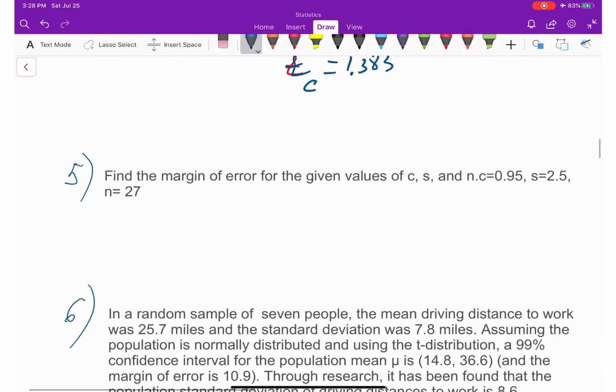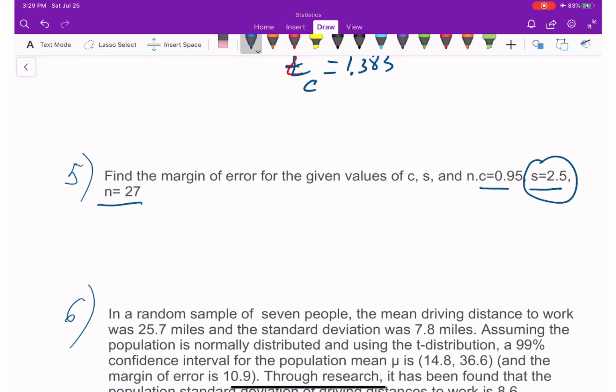Okay, next one. Find the margin of error for the given confidence interval, sample standard deviation, and n is 27. Because n is 27 and we are given S, not sigma. If we would have sigma, then we would use z-score, no question asked.